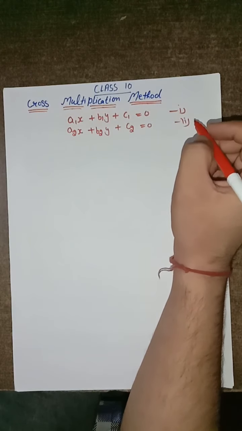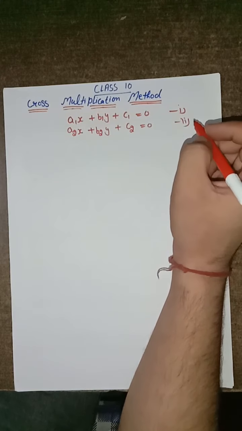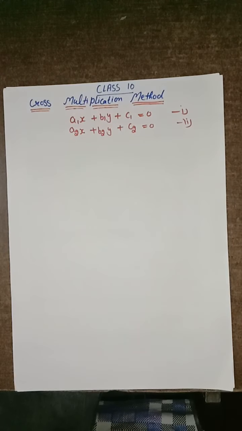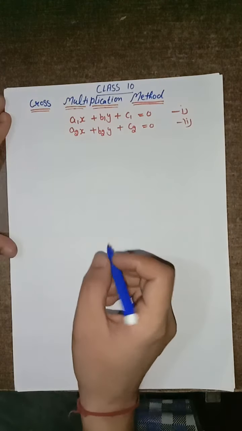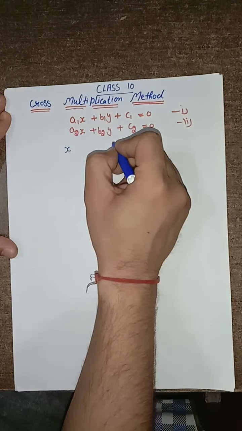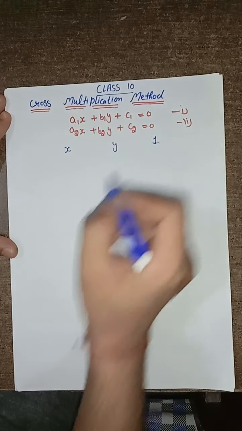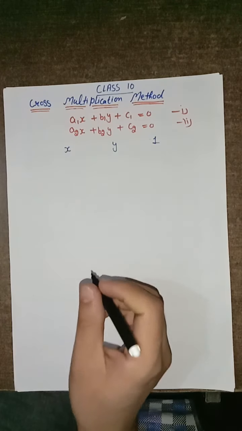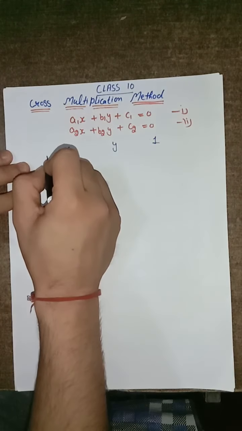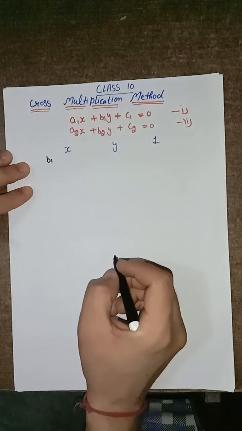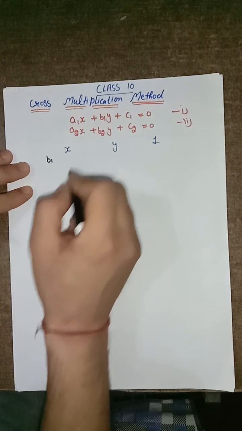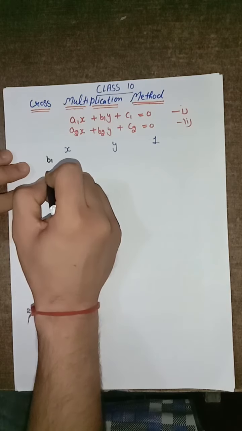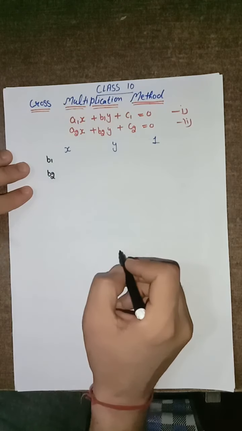To solve for the values of x and y, we just write x, y and 1 like this, and now we write the coefficient of y in the first equation, that is b1 here, and the coefficient of y in the second equation, that is b2 here.